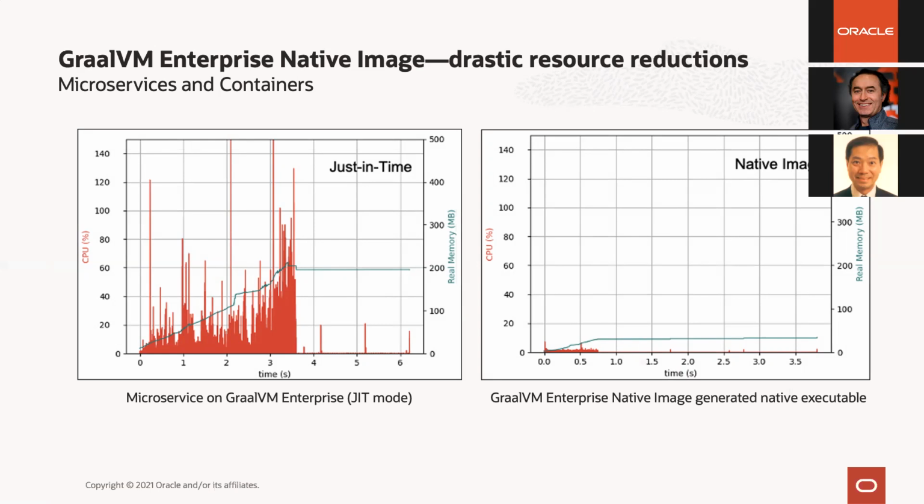On the right-hand side, you see quite a different performance profile from the native executable. We don't have to do any parsing of bytecodes, we don't load any bytecodes, and there's no JIT compiler to initialize and run. There's a lot less being loaded in memory because we've gotten rid of most of those classes. We have very low memory consumption, the line's very low, and the CPU is minimal.